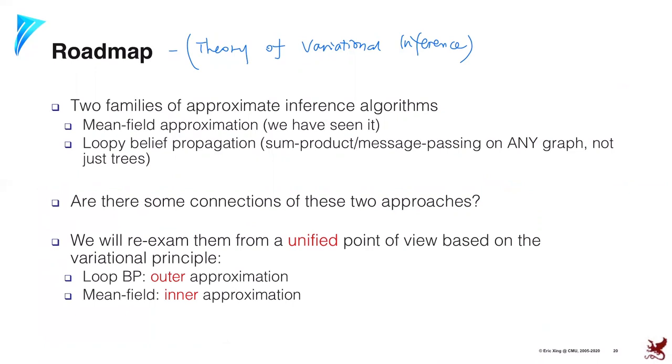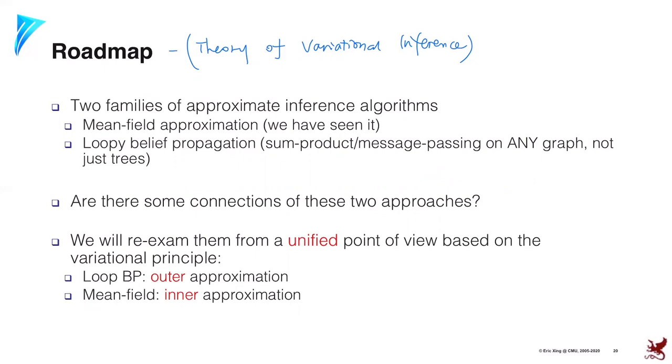One is loopy belief propagation, which acts as an outer approximation, and we also have the mean field approximation, which is an inner approximation. In our previous LDA example, we actually considered this mean field inner approximation.